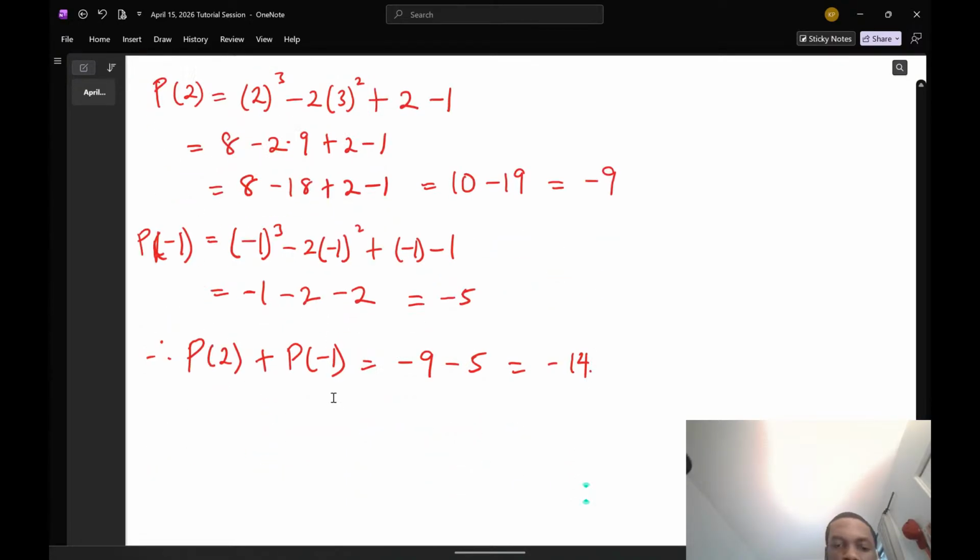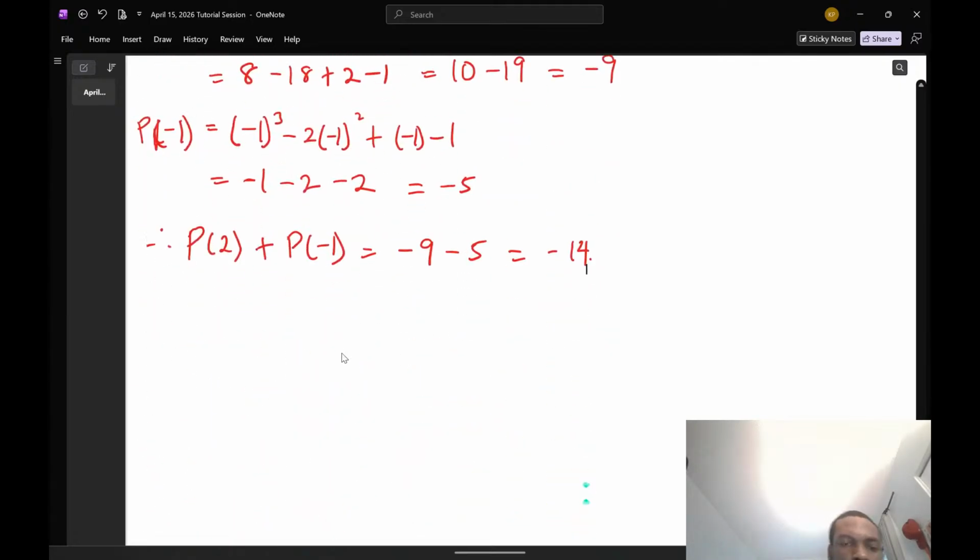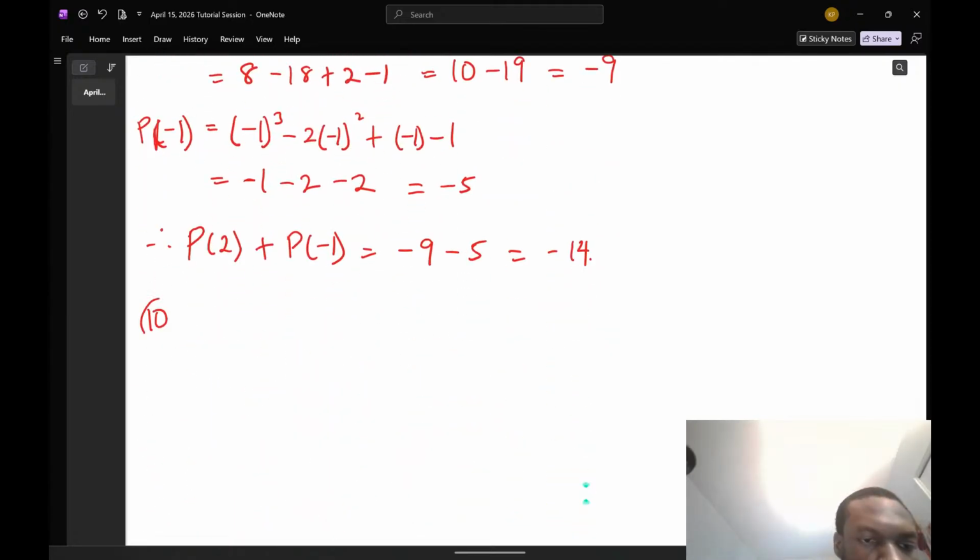Or let's assume we have something like this. Number 10. We have x cubed minus 4x. What is common between these two is x.